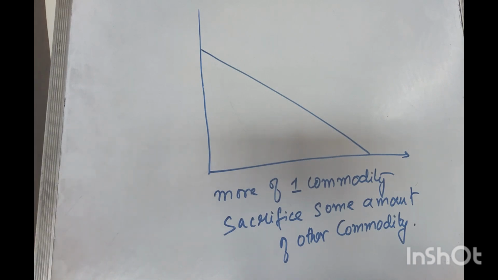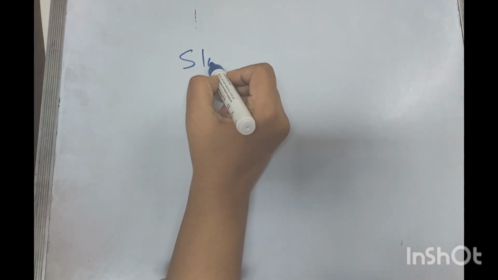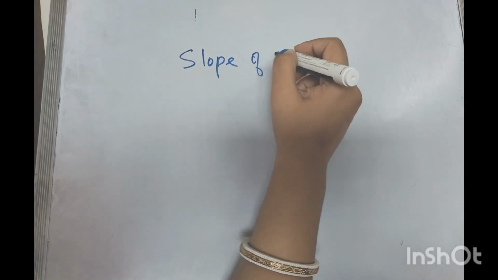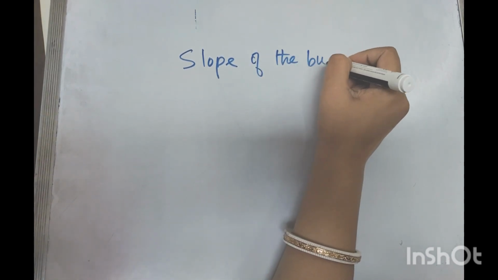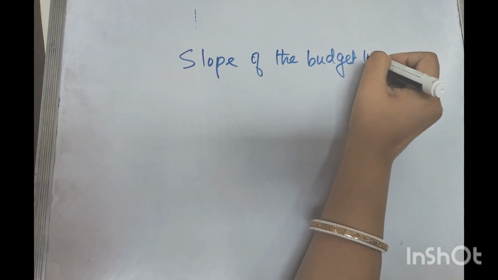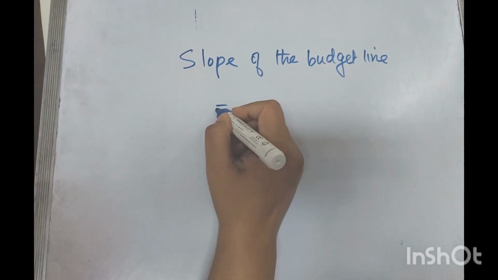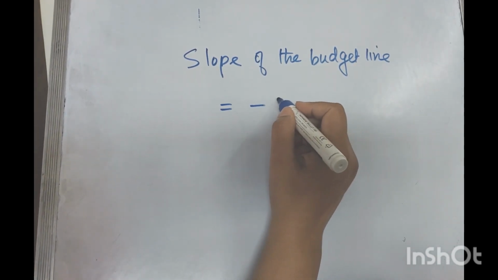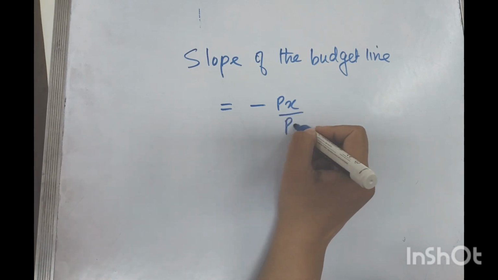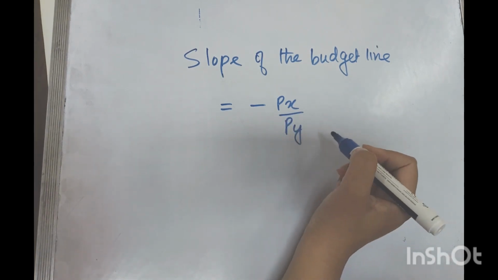And what else can we understand from here? The slope of the budget line is equal to minus Px by Py. What is this minus Px by Py?